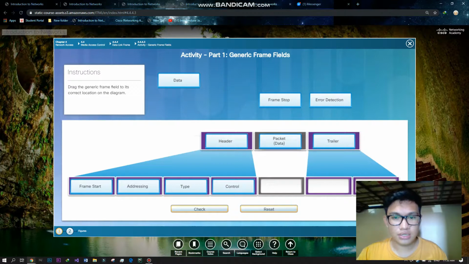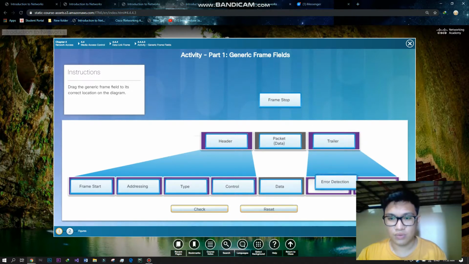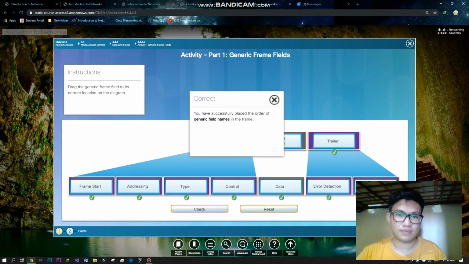In the section of packet data, of course, the data itself, you need to detect the errors, and after the process is all made, of course you need to stop the frame, which is the frame stop.